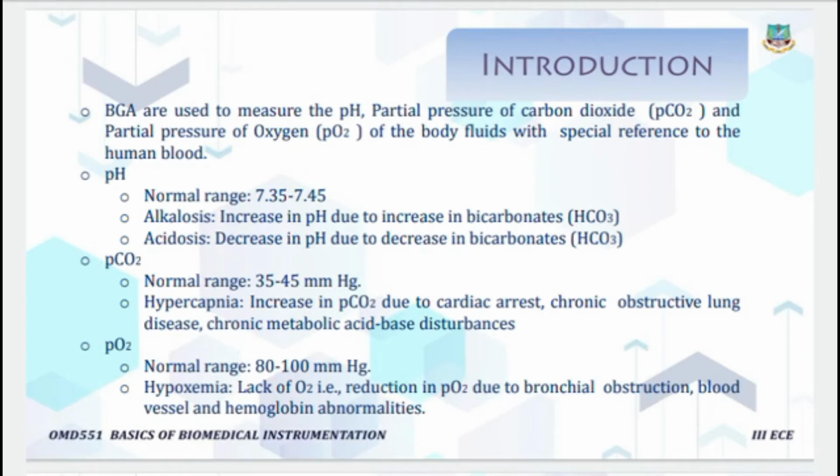If the level of PCO2 is increased due to cardiac arrest, chronic obstructive lung diseases, or chronic metabolic acid-base disturbance, these are the conditions for increase in PCO2. That condition is called hypercapnia.